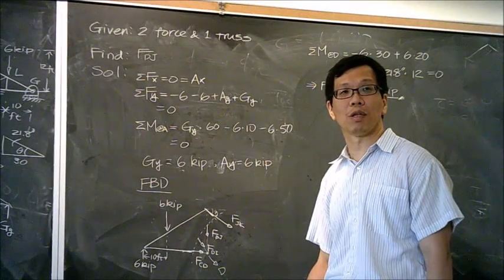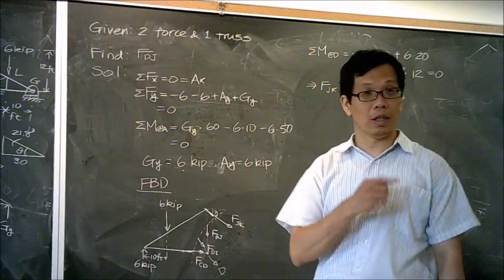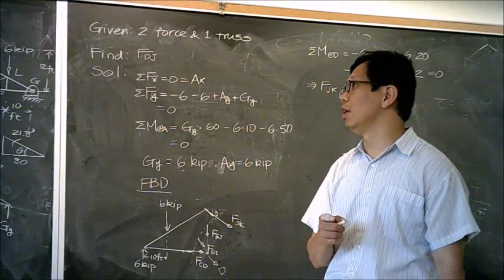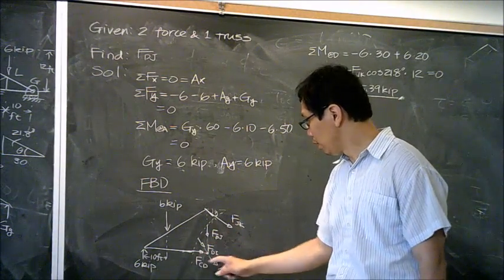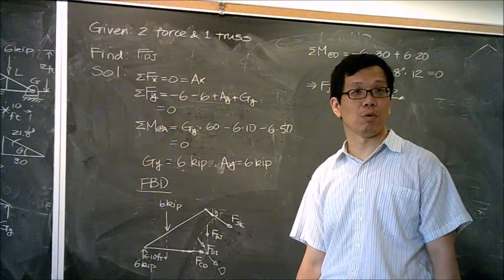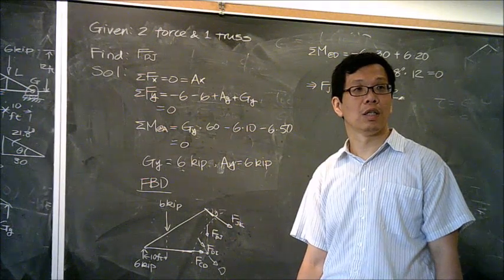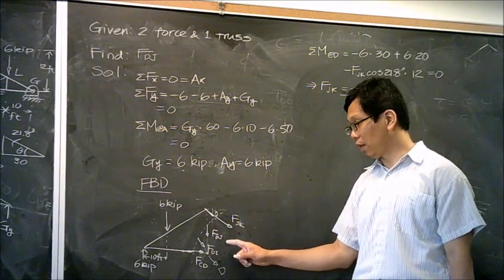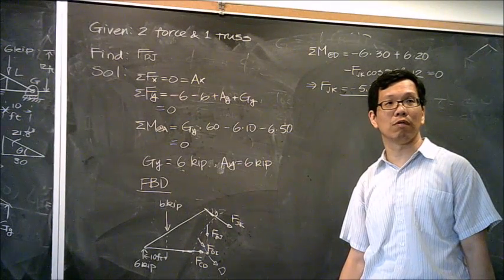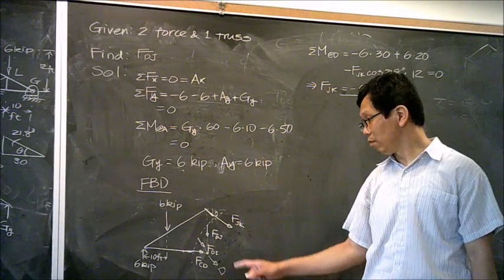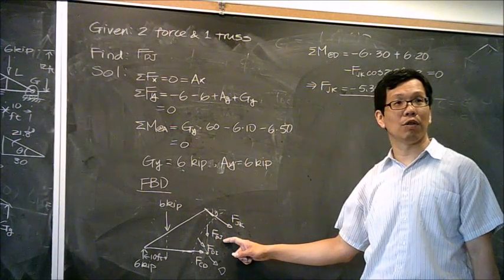So if you don't want to deal with that, for the three red unknowns, which one is required? FDJ, FDI, and FCD. What does the problem statement tell you which one you should solve? FDJ, right?